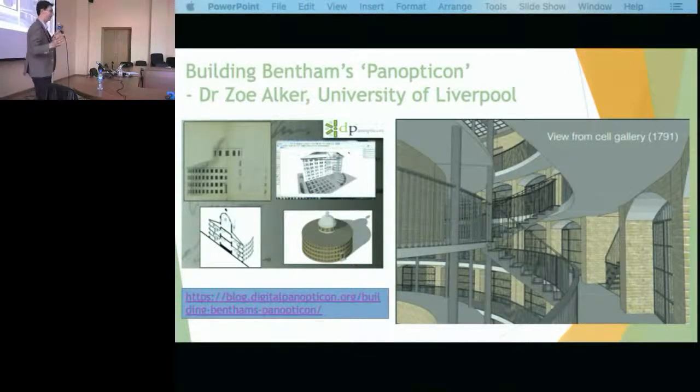But today, thanks to digital technologies, we can in effect rebuild Bentham's Panopticon. And that's what Zoe Alker at the University of Liverpool has been doing. She's been creating a reconstruction of Bentham's plans for a Panopticon prison. And what's really interesting about this, when you build it, is that Bentham's Panopticon didn't work.